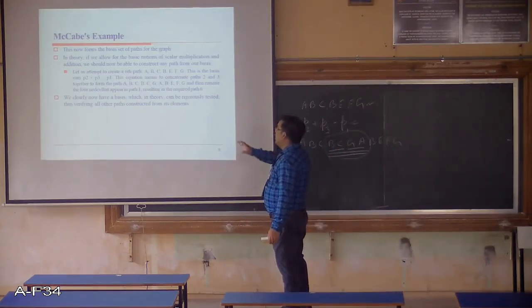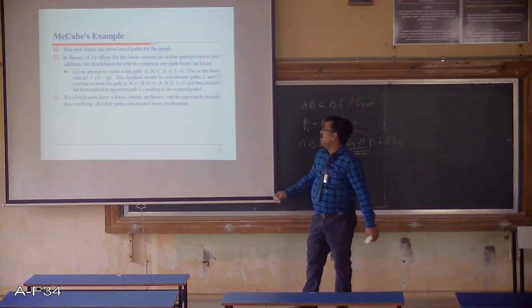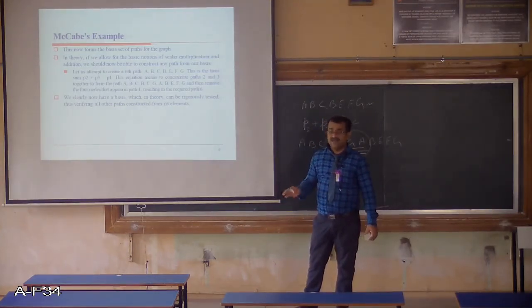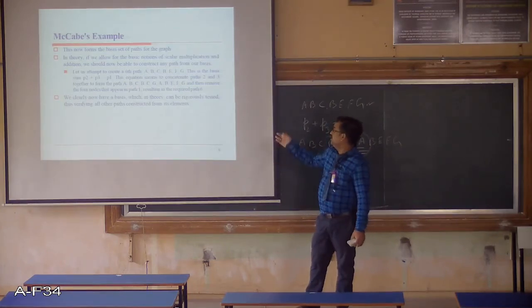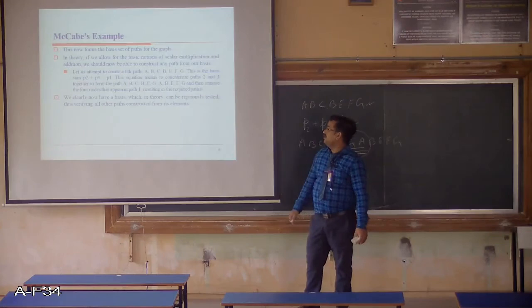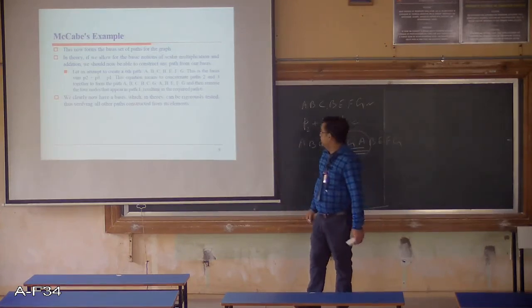We clearly now have a basis which in theory can be rigorously tested, thus verifying all other paths constructed from each element. Okay. So we have a basis here which in theory can be rigorously tested, and then we can have the paths which can be tested rigorously. Okay, verifying all the paths constructed from each element.